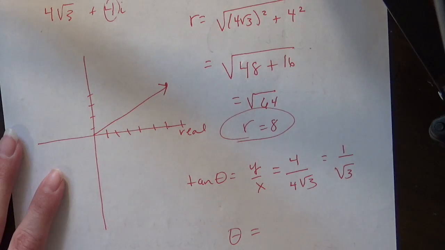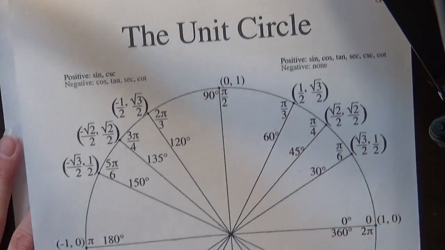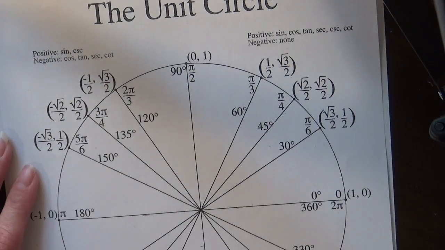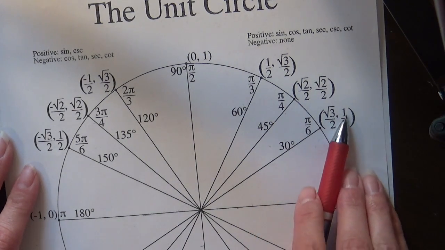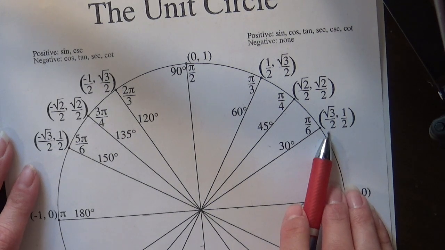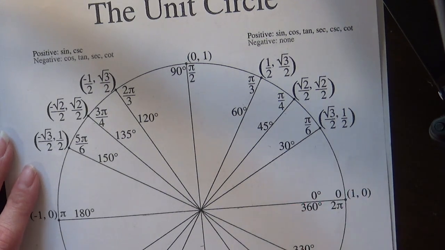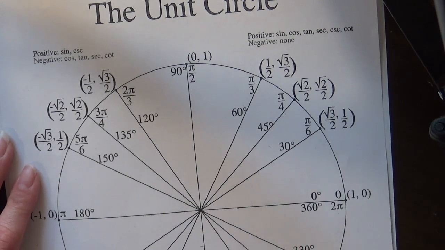Go to the unit circle. You're looking for an angle whose tangent gives us 1 over square root of 3. Okay, it actually happens here at 30 degrees, because if you do y over x, 1/2 divided by square root 3 over 2, that does give you 1 over the square root of 3. So theta is 30 degrees.